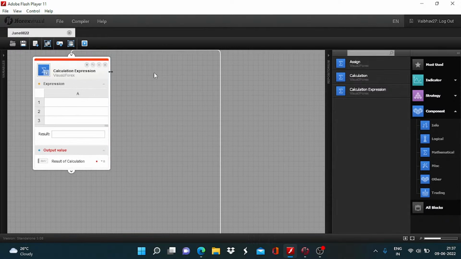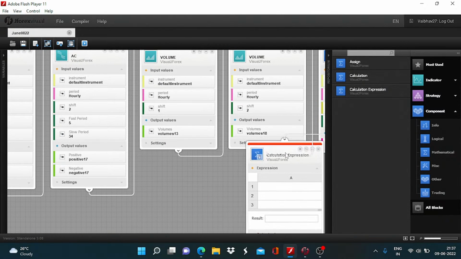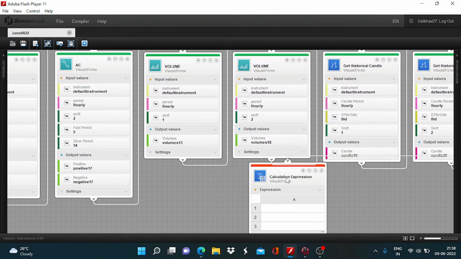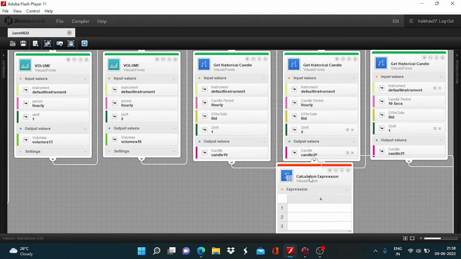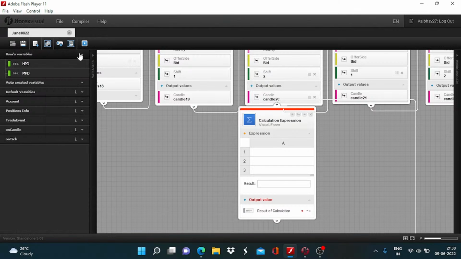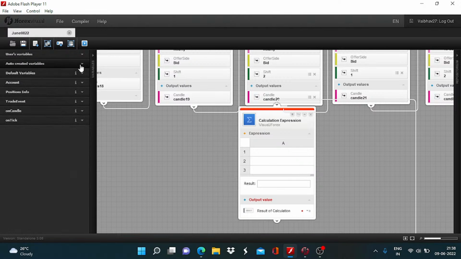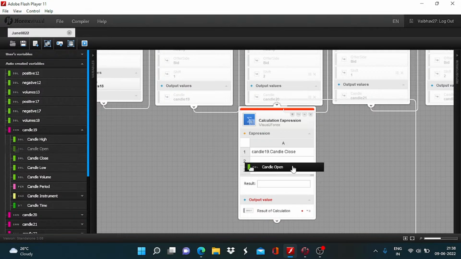So I will have to deduct the candle 19 candle close will be first variable, and from it we deduct the opening price.